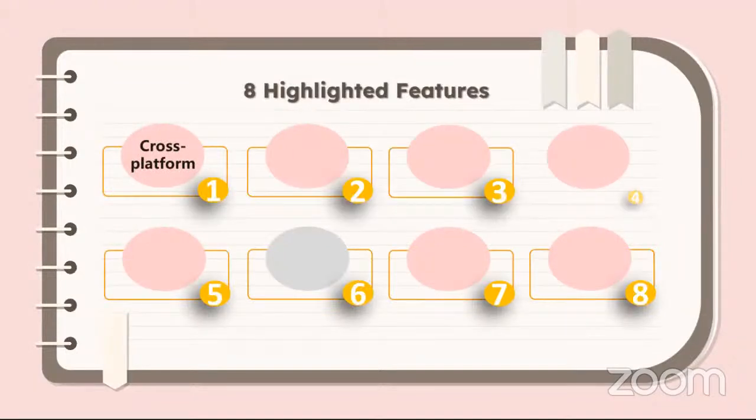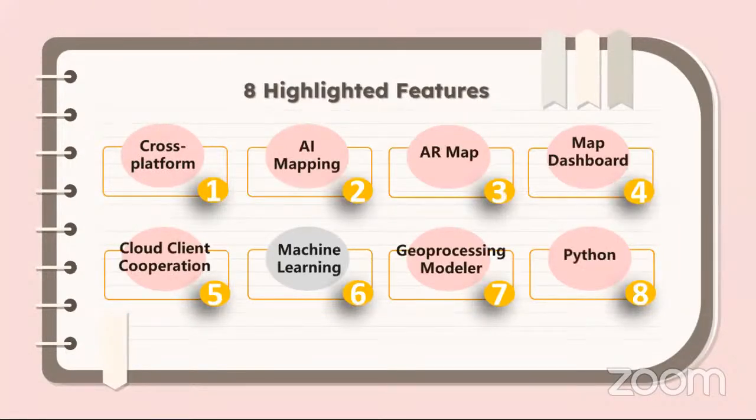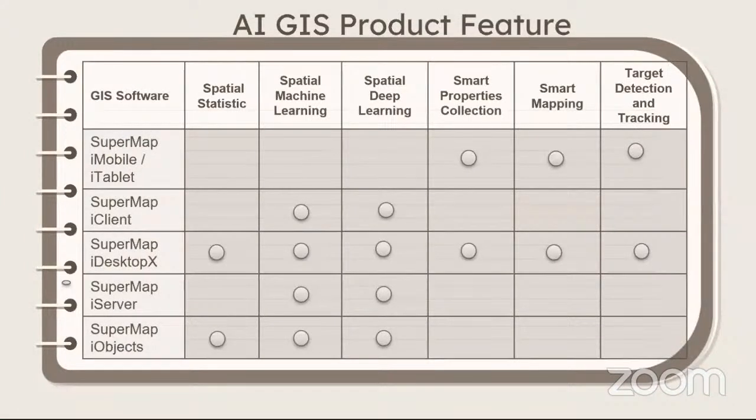After that, our highlighted features, the sixth one is machine learning. As you can see in all the GIS products of SuperMap, iDesktopX has all of the features, or we can say that it is a complete product for machine learning, as it has all of the main and important parts such as deep learning, smart mapping, target detection, and others, compared to other products.